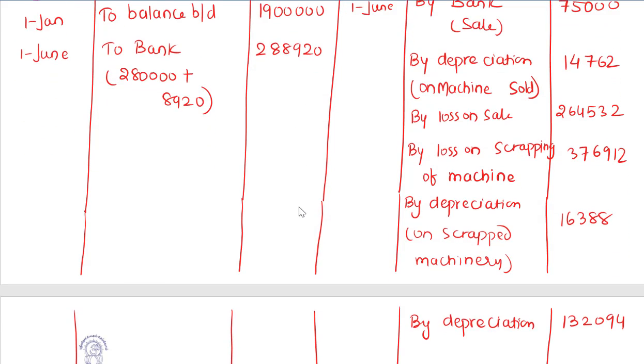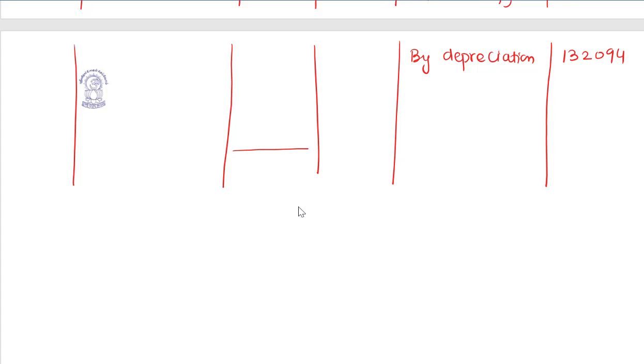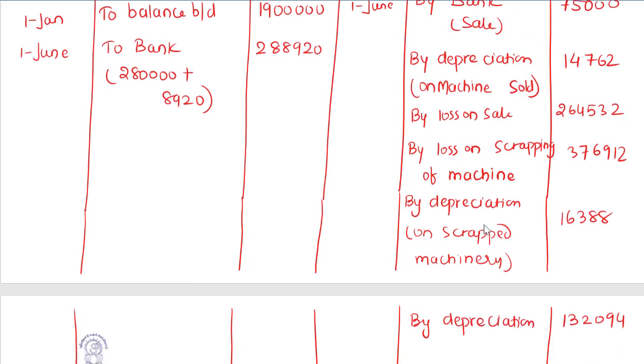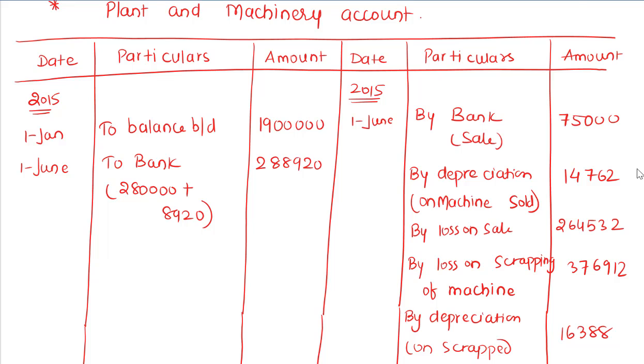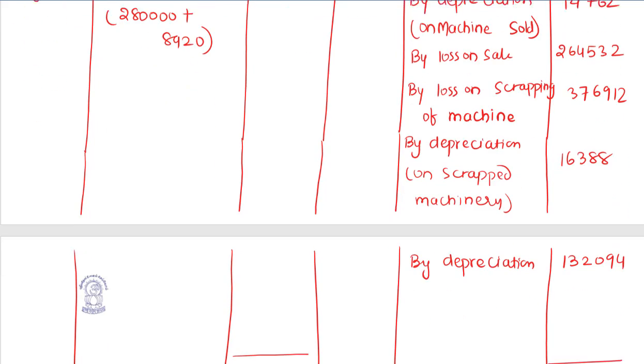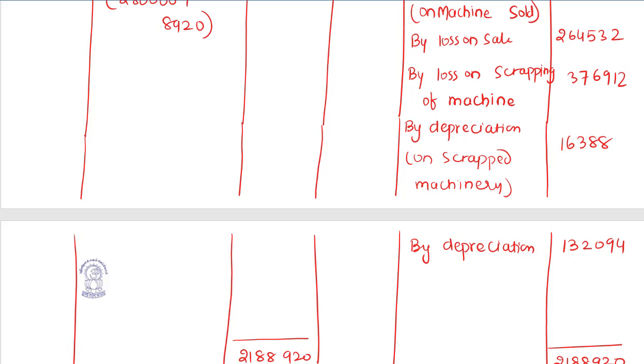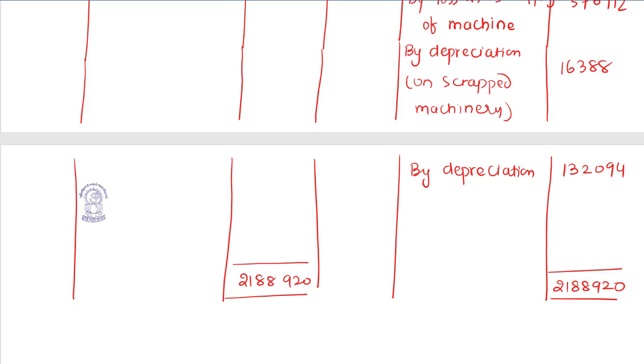19 lakhs plus 288,920 is 2,188,920. 2,188,920 minus all these amounts: minus 75,000, minus 14,762, minus 264,532, minus 376,912, deduct 16,388, minus 132,094.